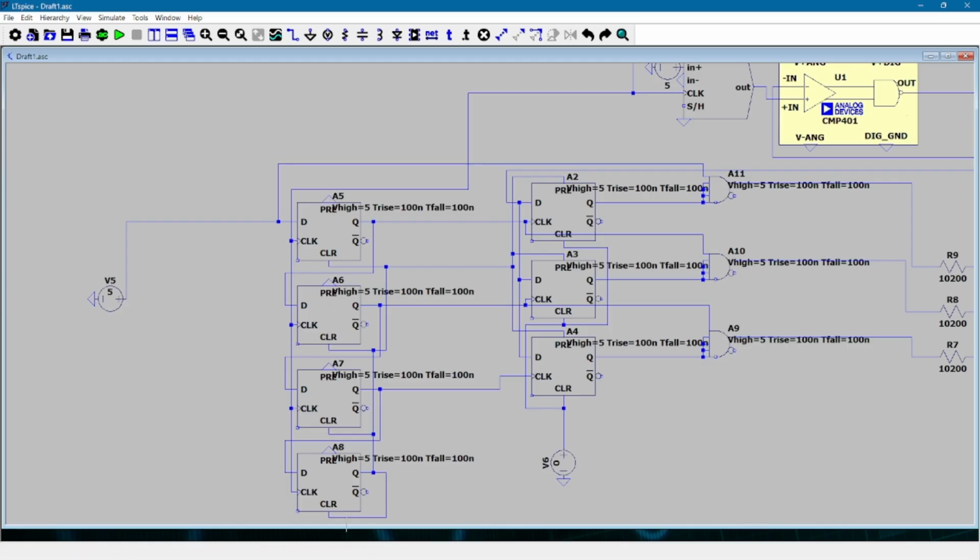And these will all be reset through a reset flip-flop. That's what the fourth one is. This just gives us non-overlapping resets just for proper shift register functionality.